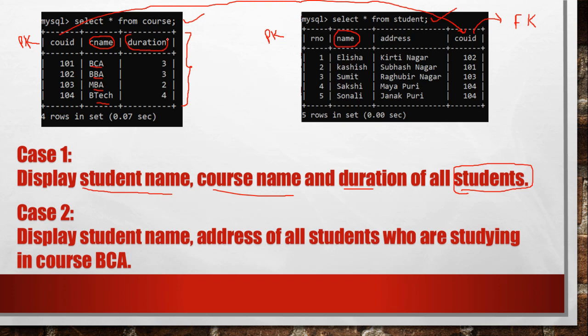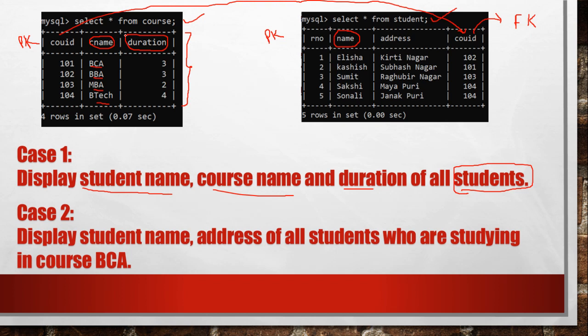So in this query we are going to see the data of two different tables, because the name field belongs to the student table, whereas the course name and duration fields belong to the course table. The first situation is that when a query asks you to display data of two different tables, it is a case of join.